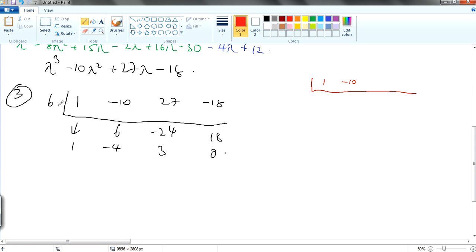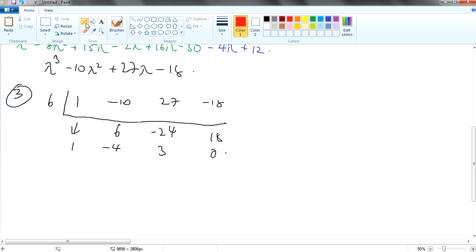From here we know that 6 is an eigenvalue already. Let's guess 7. So 1 times 7 equals 7, minus 10 plus 7 equals minus 3, and then minus 21, plus 6, 42, you can see that this is not 0. Therefore, this is not an eigenvalue.